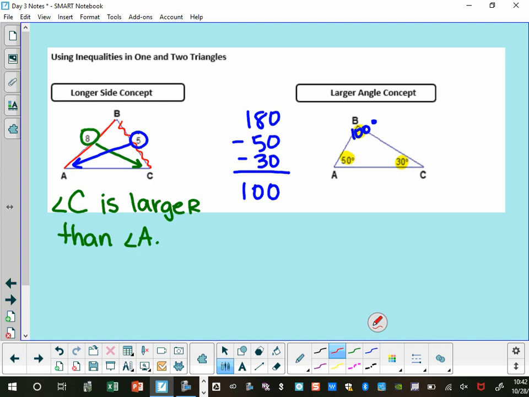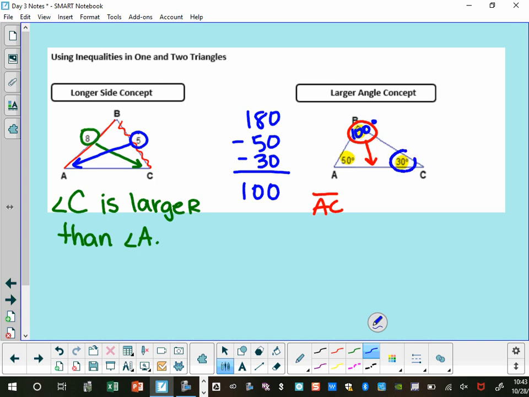What's my biggest angle here? The 100. Do we all agree that's our biggest angle? So if I circle angle B, what side is directly across from it? AC. Okay, so now what is my smallest angle? 30.